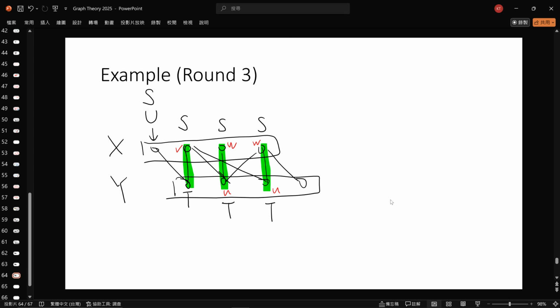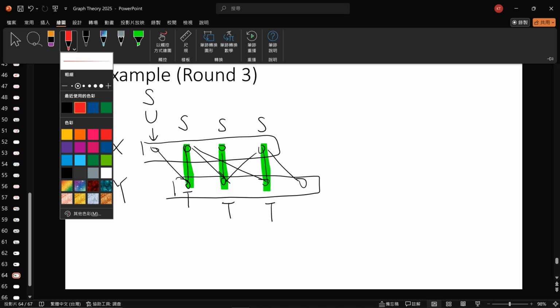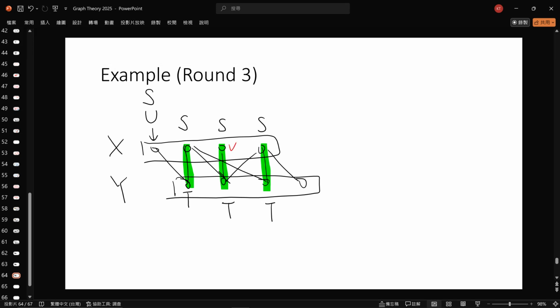So in round 3, we can choose this vertex. This vertex is in S, and we haven't checked it before.